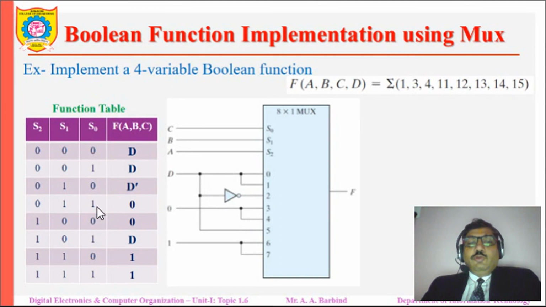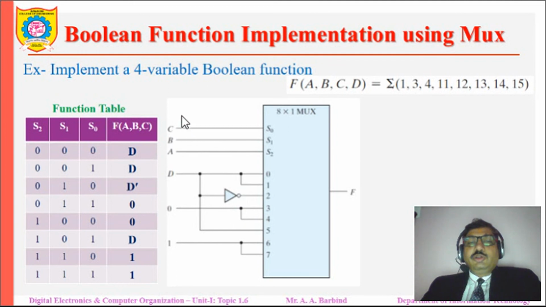Then inputs 3 and 4 are connected to 0. Then input 5 is connected again to D, and inputs 6 and 7 are connected to 1. So in this fashion the inputs of the 8 is to 1 multiplexer are connected to either 0 or 1 or D or D bar.